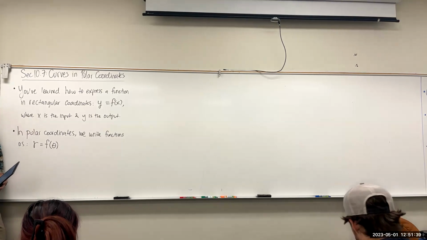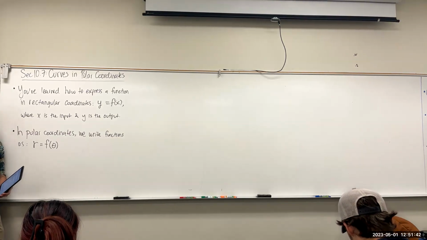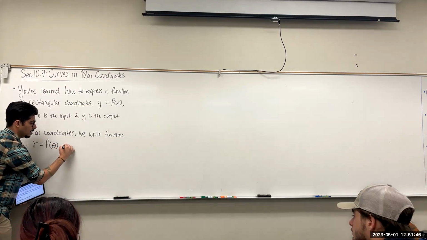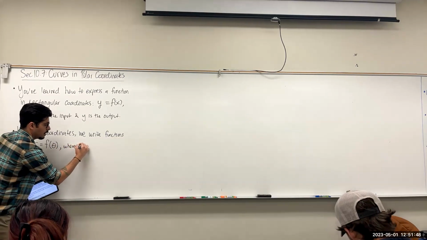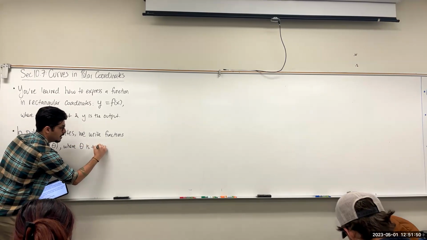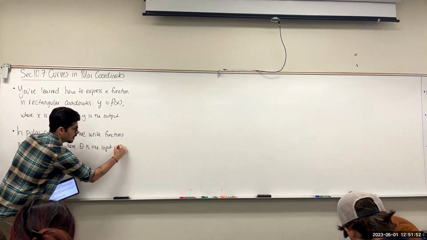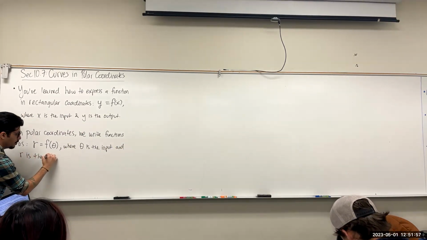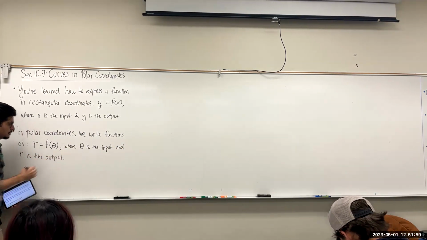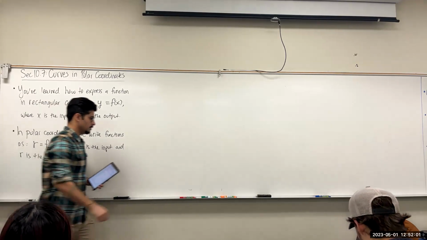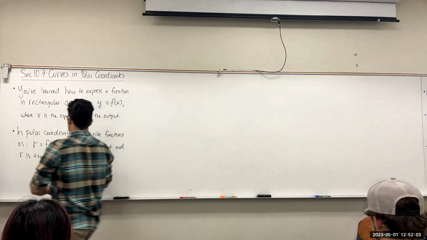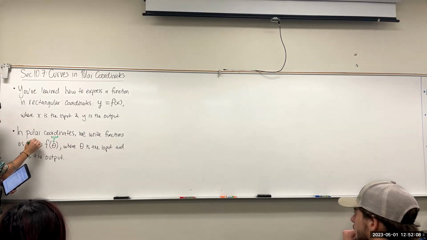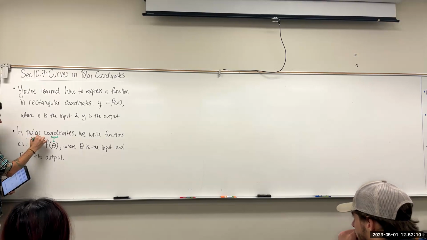Your theta is like your x, and your r is like your y, in terms of input and output, where theta is the input and r is the output. That's what gets spit out.